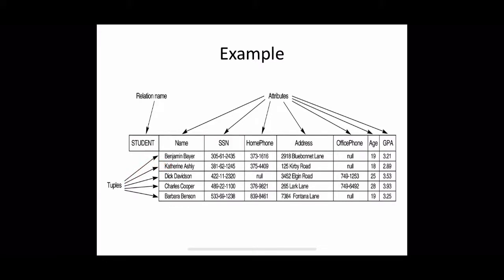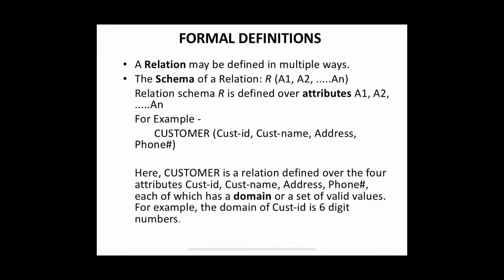Based on this, let us go through different formal definitions. A relation can be defined in different ways, one of which is using a schema. For the schema of a relation, within brackets we list the different attributes. The meaning is that relation schemas are defined over the attributes A1, A2, etc., An.